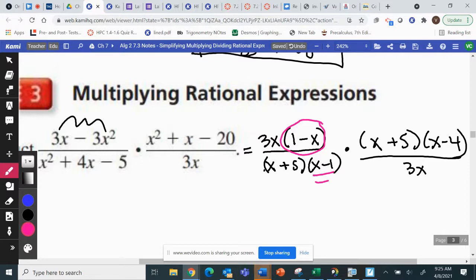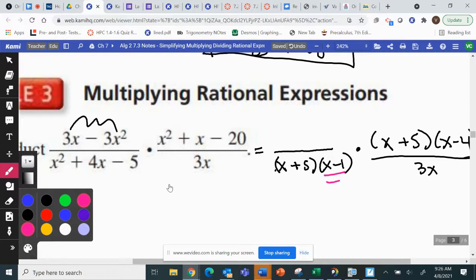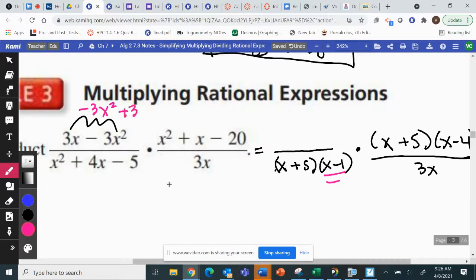So I'm going to fix the fact that I can't stand the way it looks right now, and I'm going to make these look exactly the same. So instead of me taking out 3x, if I had rearranged this to be negative 3x squared plus 3x to begin, you would say, oh, you need to take out a negative number because that's what we do when we factor if it starts with a negative number. So that's what I'm going to do.